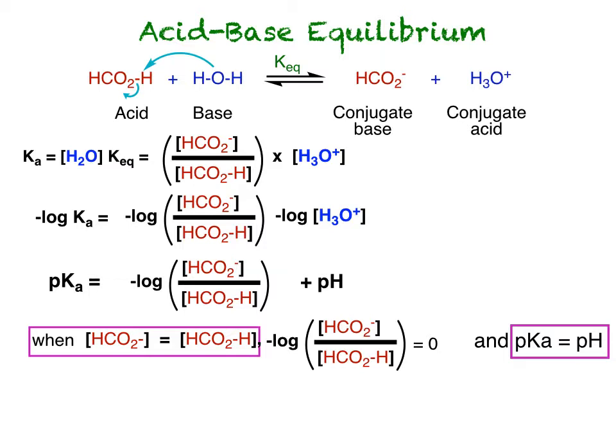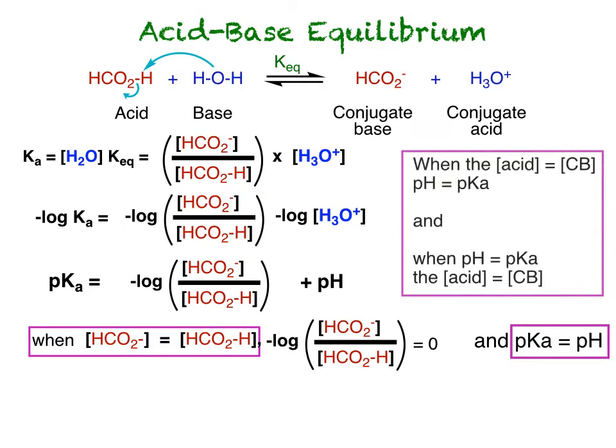So let's look at the above expression. The carboxylic acid there has a pKa of around 4. That means at pH of 4, it's half acid, half conjugate base. That's what this information tells us. And so let's put it a little bit more formally. When the acid concentration equals the conjugate base concentration, that happens when pH equals pKa.